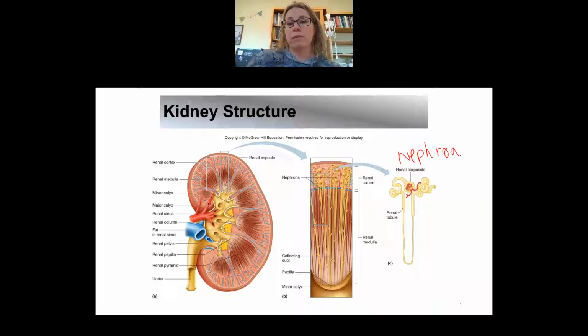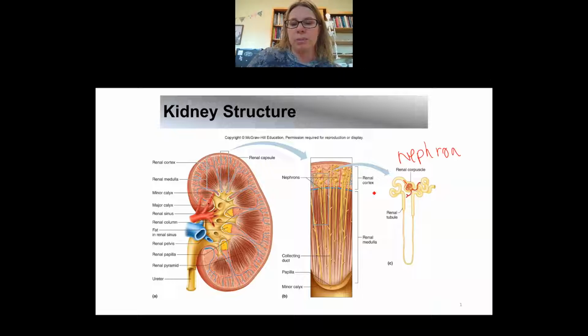Also, one thing to review for the exam is blood flow through the kidney. That's something we talked about the first day in chapter 20, so make sure you look over that. Once the urine is filtered out of the blood and into the capsule, it will enter the tubule.